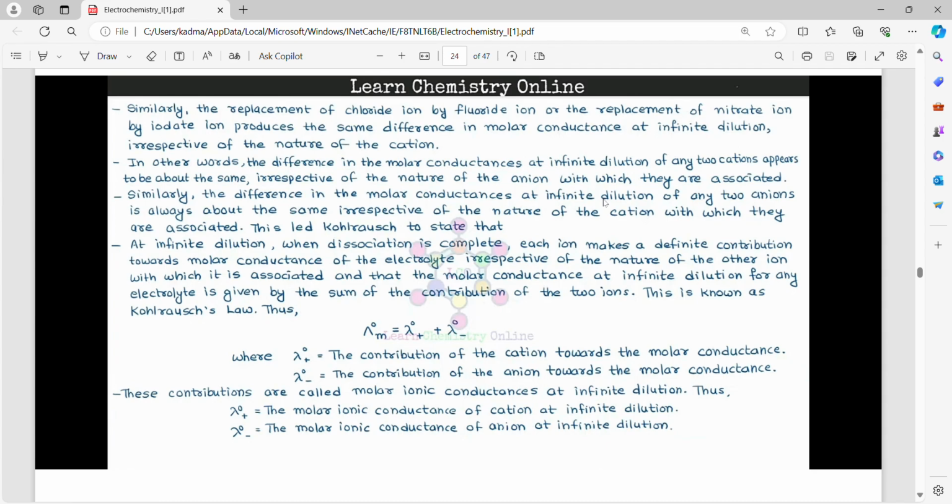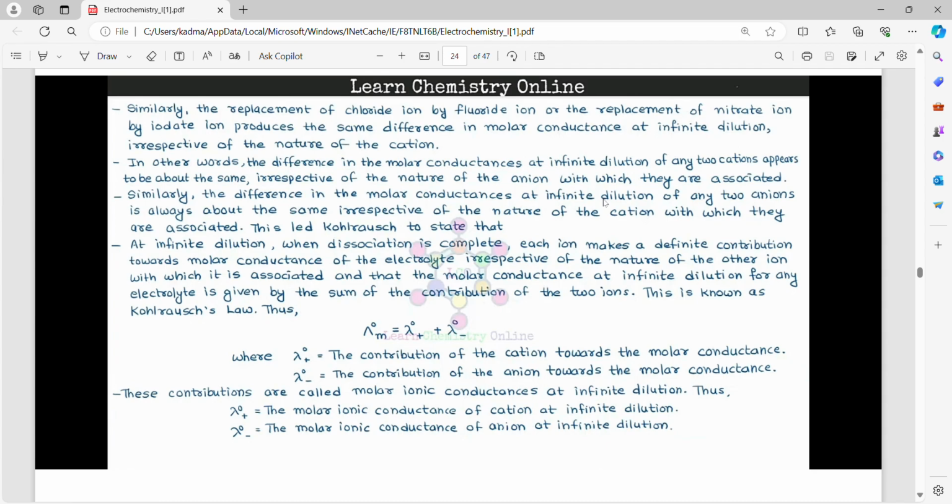In other words, the difference in the molar conductances at infinite dilution of any two cations appears to be the same, irrespective of the nature of the anions with which they are associated. Similarly, the difference in the molar conductances at infinite dilution of two anions is always about the same, irrespective of the nature of the cation with which they are associated.